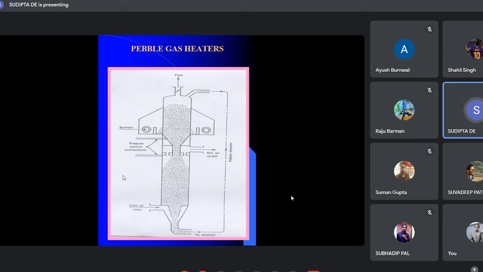But pebble gas heaters are not that. This is just reverse. Installation of a pebble gas heater must be justified with respect to the heat recovery. So available waste heat, just like regenerator, must be of sufficient quantity so that the pebble gas heater decision can be taken. I'm not going to the design part, but as you have understood, each of these waste heat recovery systems has its own financial implications.